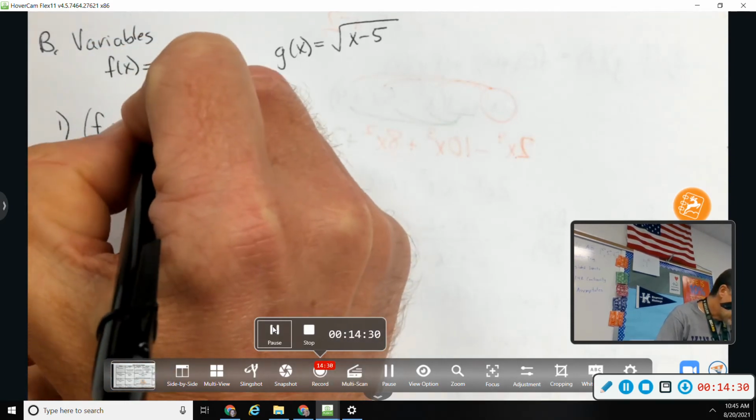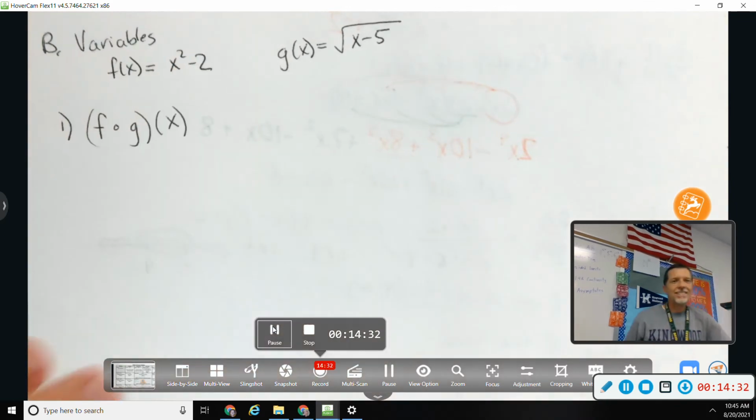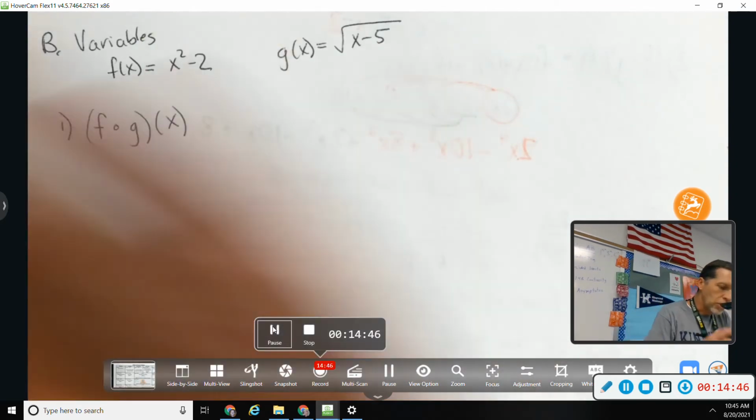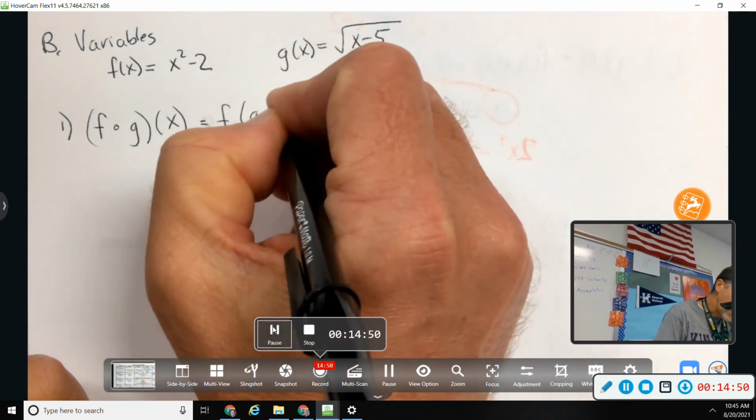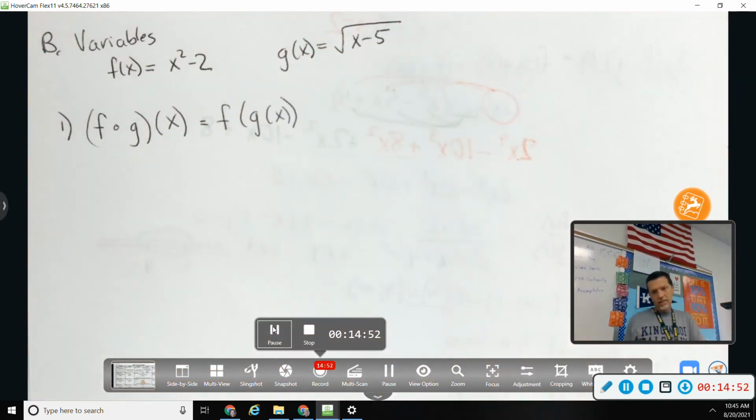So f of g of x. So instead of f of g of a number, we're going to do f of g of a variable. But it still works the same way. In fact, I wonder if I should not even separate these two as a and b, but just put them all together, because the process is the same. It's just we're plugging in x instead of plugging in 2.